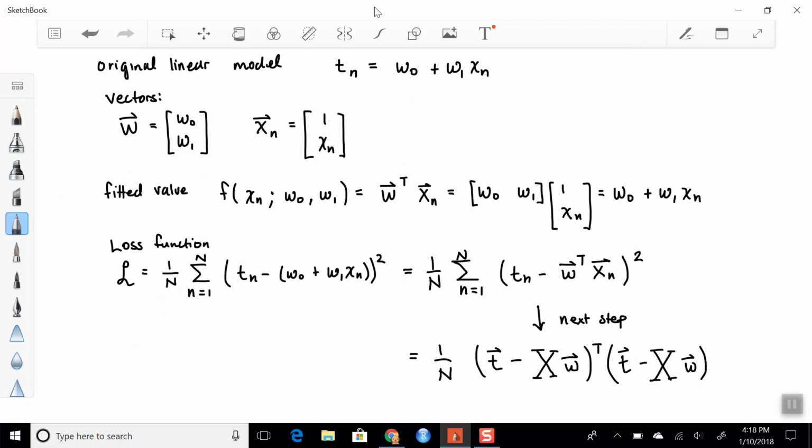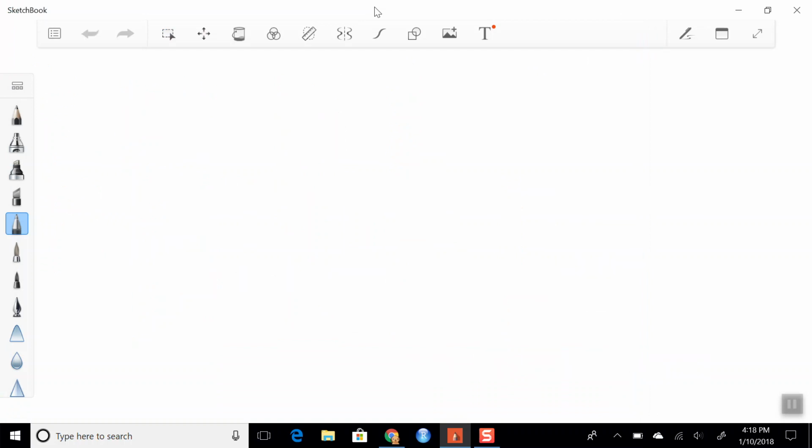Okay. All right. Everything so far so good? Great. Okay. So how do we do this? What we're going to do is define our matrix X. Our matrix X is going to be 1 and x1, 1 and x2, all the way to 1 and xn. So this is an n by 2 matrix.